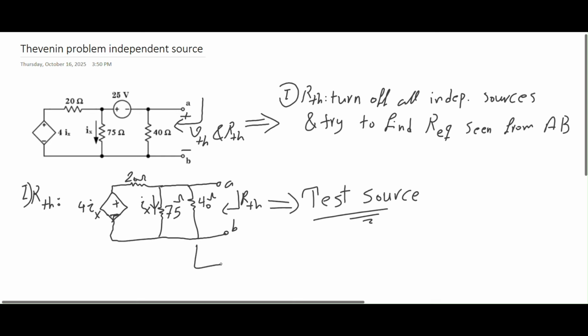That's actually the concept of the Thevenin circuit. So I'm going to substitute all these elements with an independent source, which I'm going to call the Thevenin voltage, and a resistor, which I'm going to call the Thevenin resistor. And then here is my port A, B.